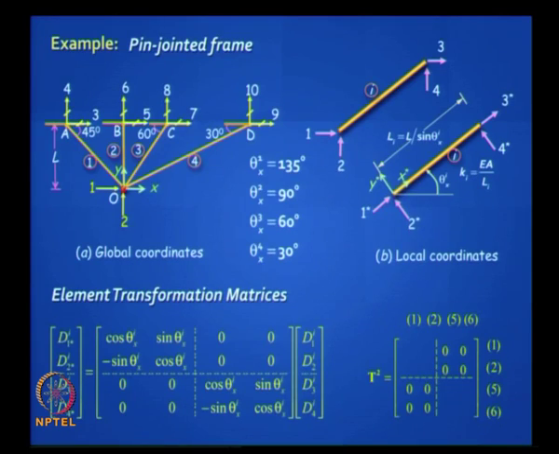Now this is important. The size of this matrix is 4 by 4. There are 4 elements, so there are 4 transformation matrices, and for each of them it is 4 by 4, right.